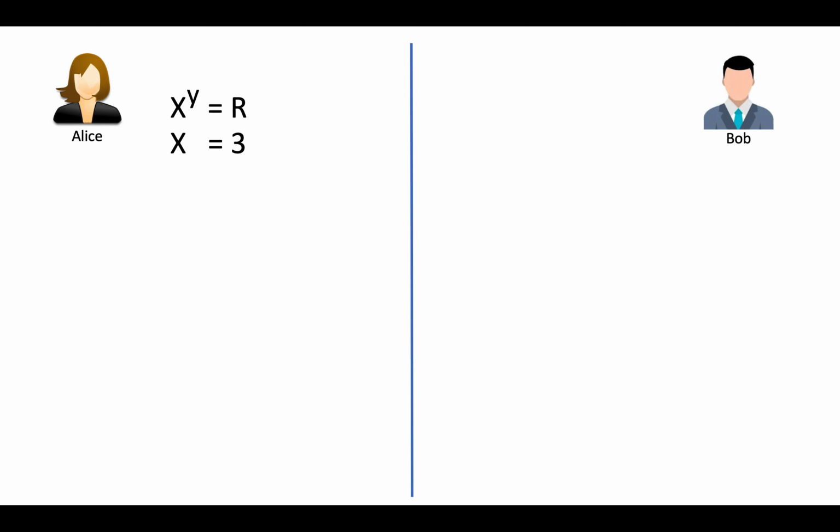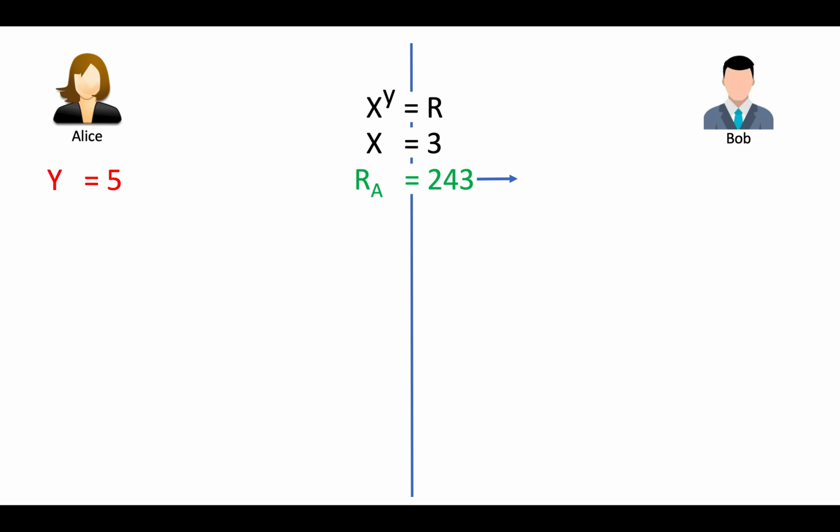Define the value of x equal to 3. Generate a random value for y equal to 5. This is the secret of Alice. Using these two values, calculate the value of r, called RA. Except y, send all other information to Bob.